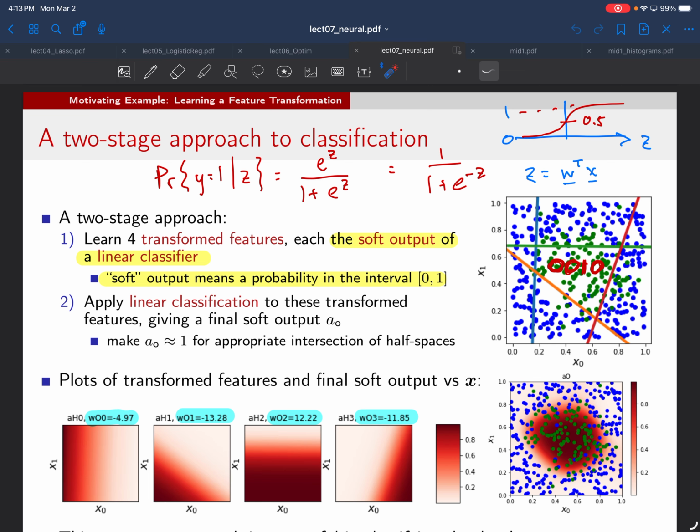And so we've constructed 4 such features using these 4 different linear classifiers. And if you think about them all together, generating a 4-dimensional transformed feature vector, for example, maybe it's 0 on this side and 0 on this side, and 0 on this side and 1 on this side, and you get a certain pattern.